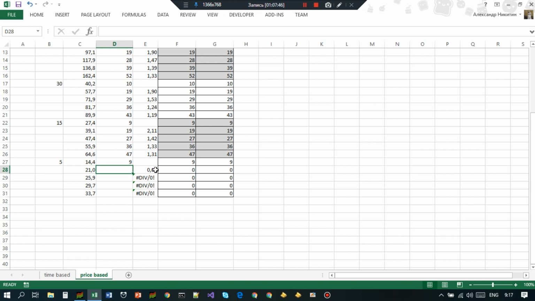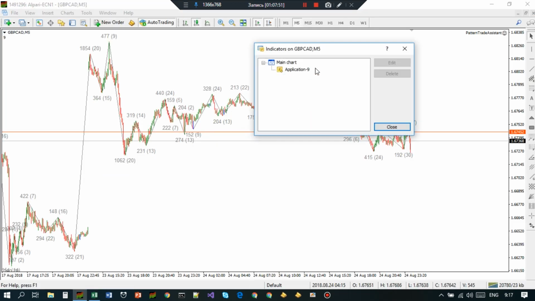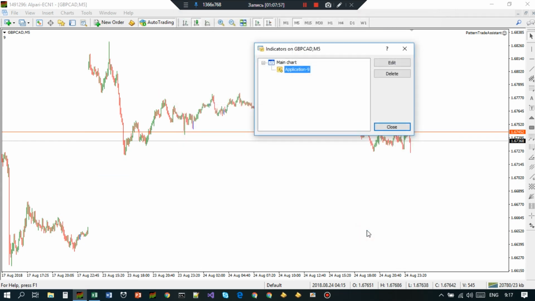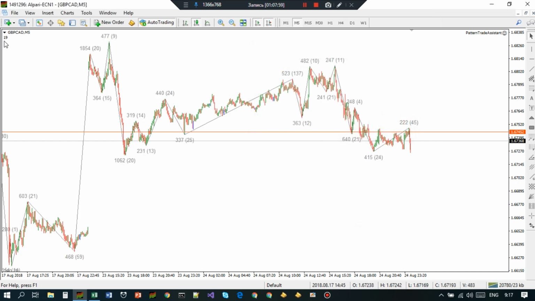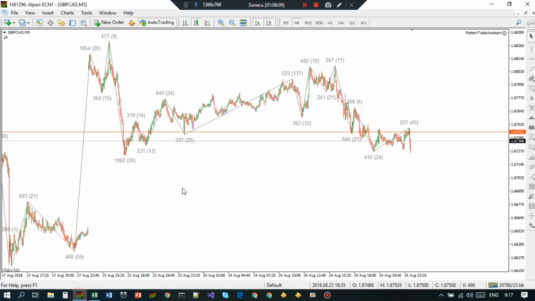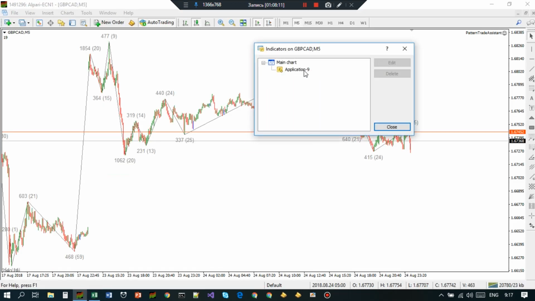And we will have 19 to 20 if we type 21.0. Yes. We'll have 28 to 29 if we type 25.9.